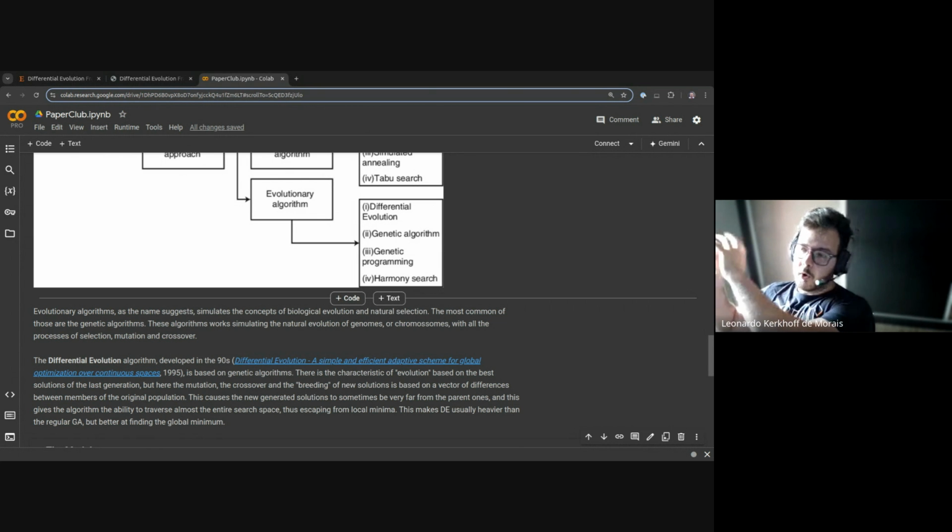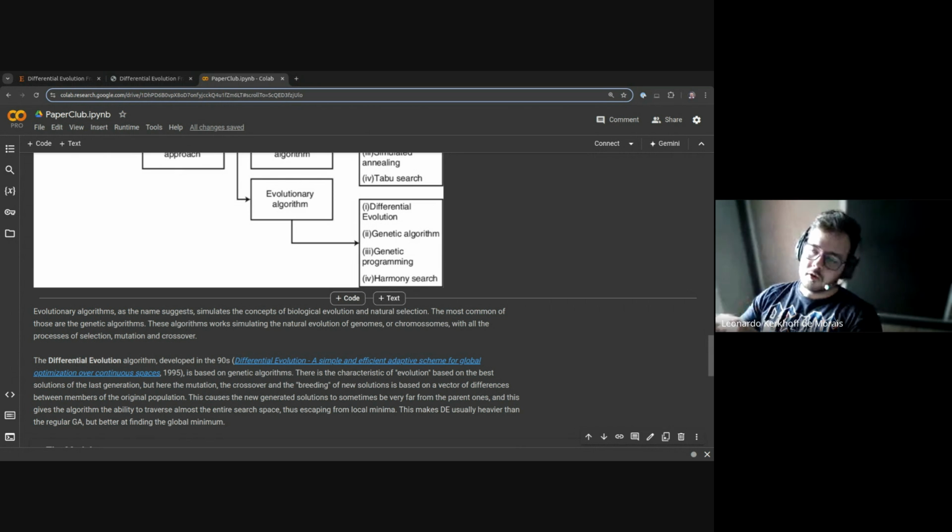And then it starts populating that other side of the search space. So it keeps jumping from one side to another with a given probability. This has some advantages and some disadvantages in relation to the genetic algorithm. Basically, because it keeps jumping from one side to another, it takes longer to converge. It is a heavier algorithm, more computation intensive, but it usually escapes better from local minima.